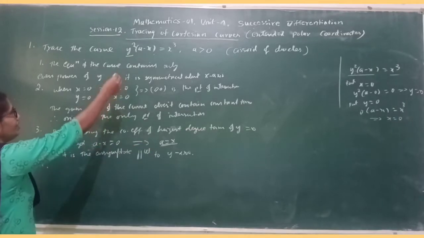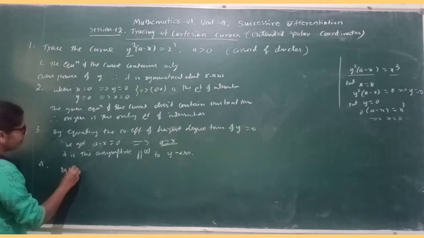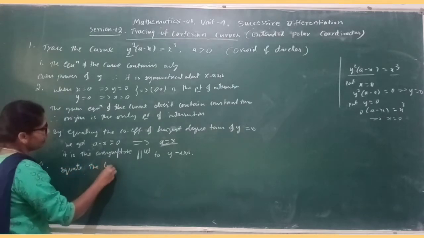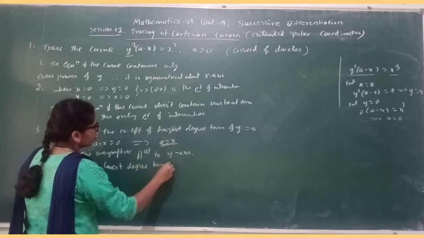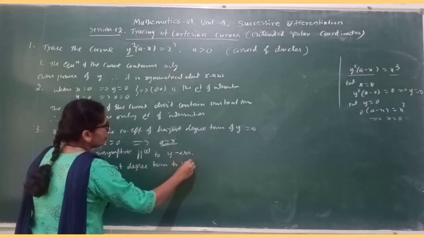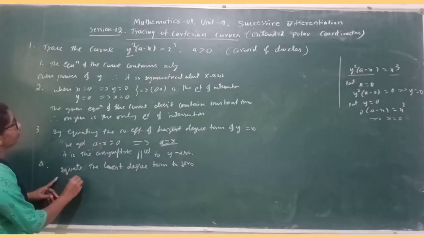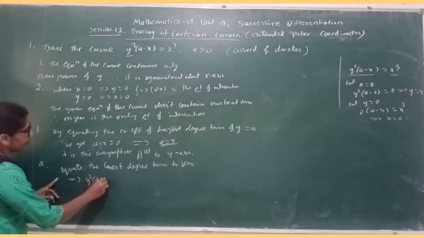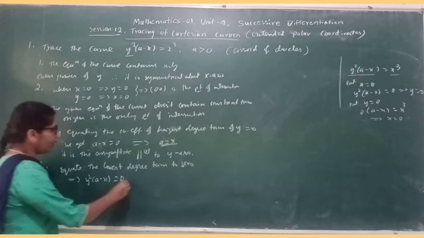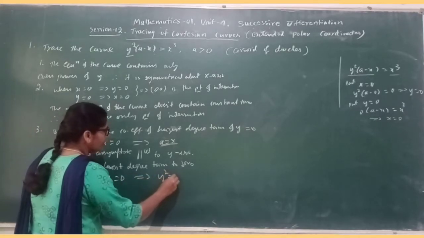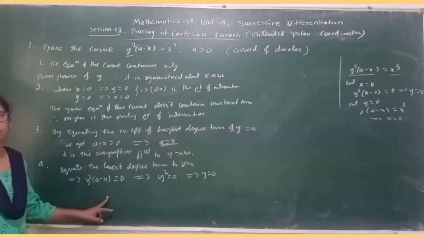In the equation, the lowest degree term is y square into a, so y square a is equal to 0, which implies y is equal to 0.